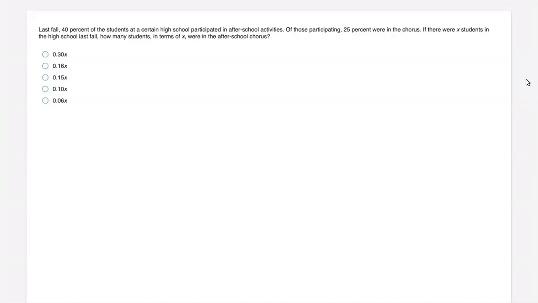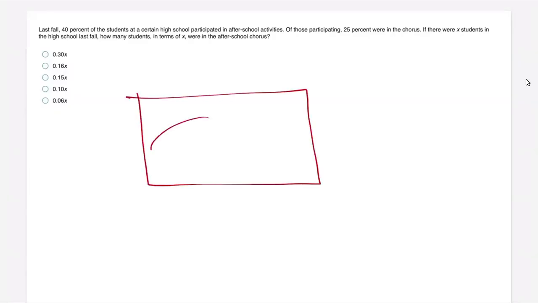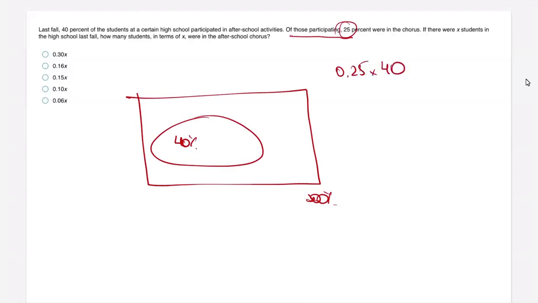Okay. Last fall, 40% of the students at a certain high school participated in after-school activities. 40%. Of those, 25%, so 25% of 40%, okay?